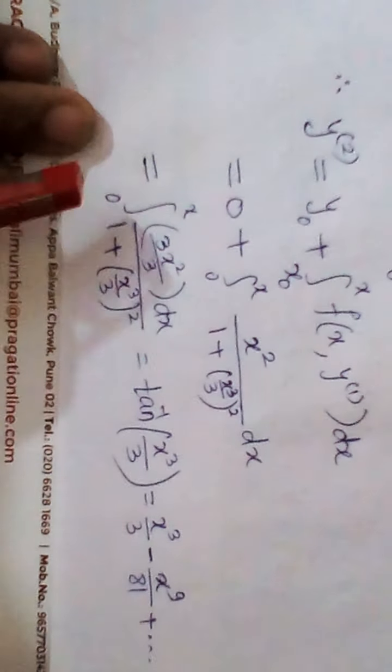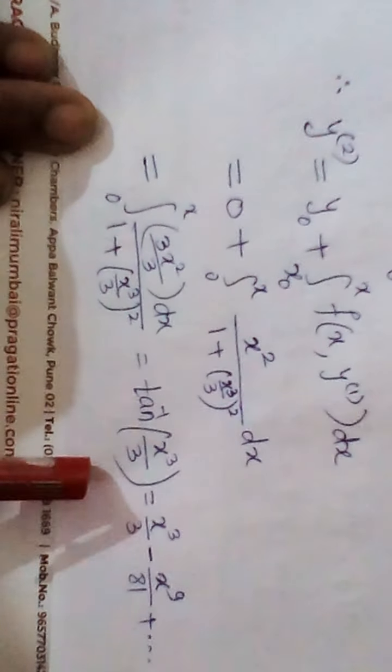The limit is within 0 to x, and tan inverse 0 is 0, so only the upper limit works. And you can expand it as x cube by 3 minus x raised to 9 by 81 plus and so on. This is just the Taylor series expansion we have taken.